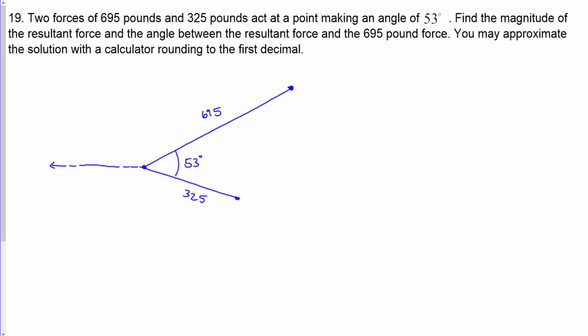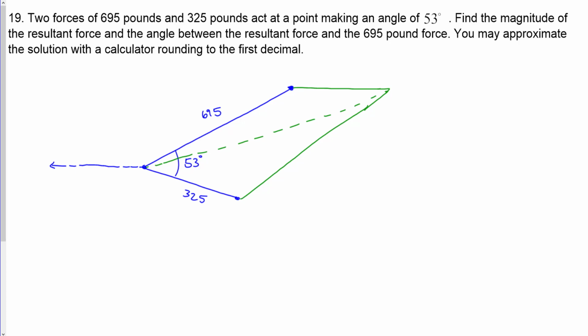Okay, so let's start with the magnitude of the resultant force. If I think of vectors in terms of the tail to tip method, the magnitude of the resultant force is going to be that diagonal right there. But I can't quite figure that out yet.